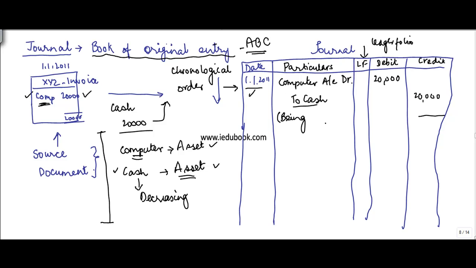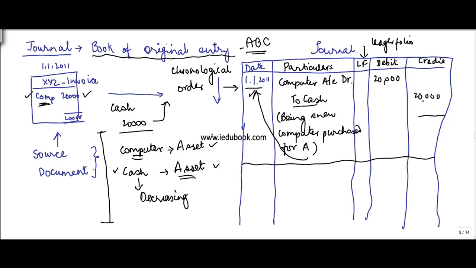So I put in a small narration here: being a new computer purchased. And if suppose this was purchased for A, you write for A. So next time when I open the journal book and look at this computer, I would know that A bought a computer on 1/1/2011. So this is basically a journal.